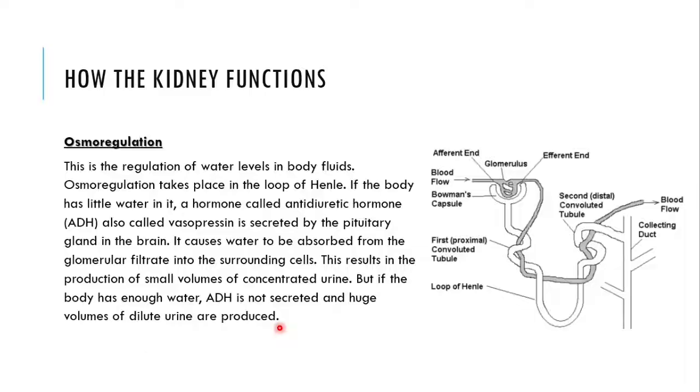It is simply the filtration of water, mineral salts, glucose, and urea. So from that, water is going to be absorbed when water levels are low. And in such situations, an individual will pass out concentrated urine. But if the body has enough water, ADH is not secreted and huge volumes of dilute urine are produced. So remember, everything occurs in the loop of Henle.